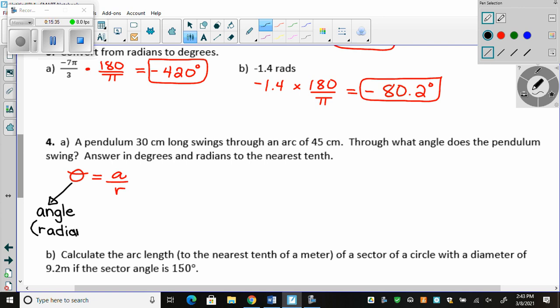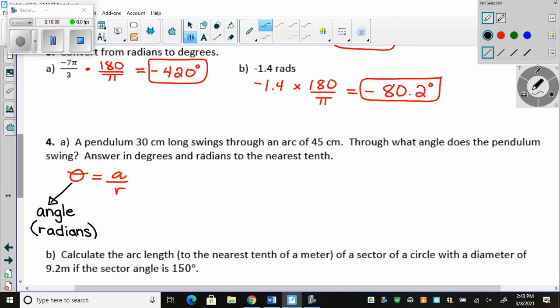So if they give you your angle in degrees, you're going to have to use degrees to radians, pi on top, right? You're going to have to convert it to radians in order to use it. So do you think that on these questions they often give it to you in degrees? Yes, they do. And they make you convert it to radians to use it.